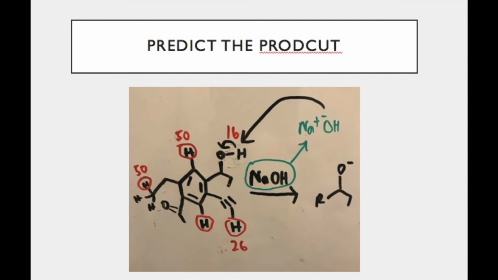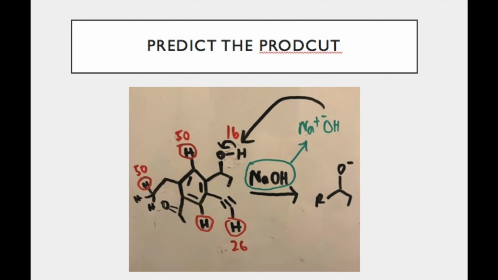But essentially, remember that there are two electrons within this bond between the O and the H that's getting broken from your starting material. One of those electrons is coming from your oxygen and another electron is coming from your hydrogen.